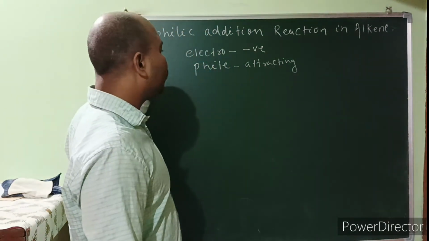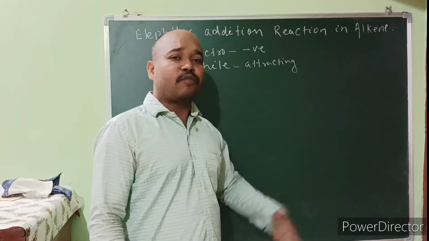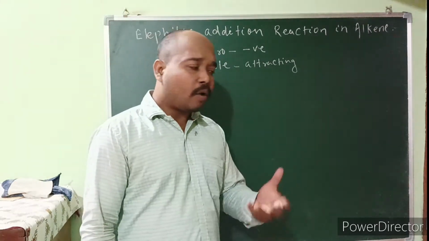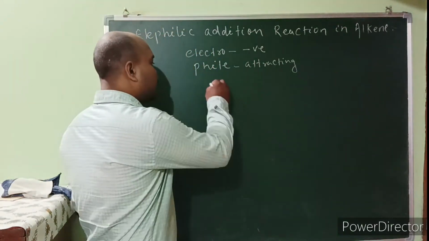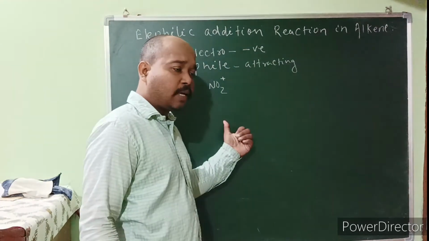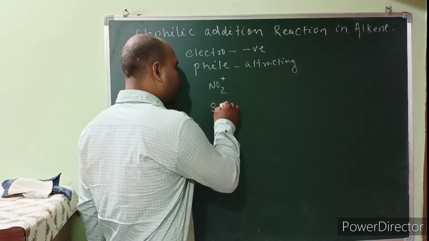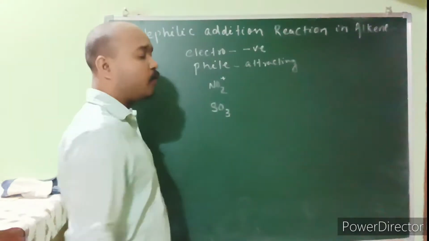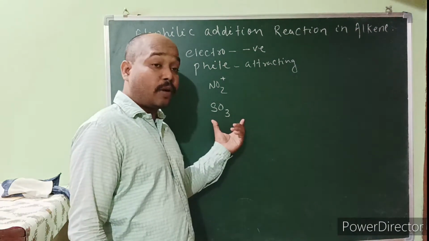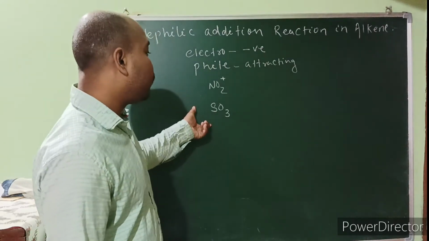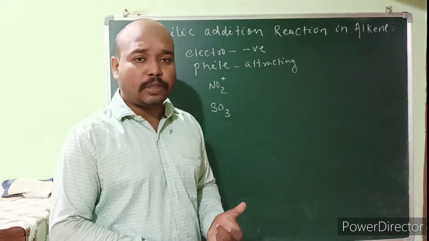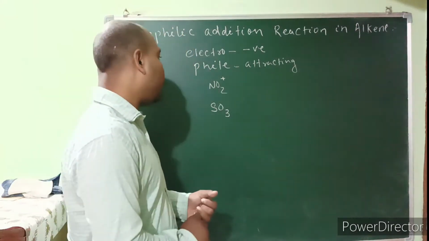Electrophiles are electron deficient because they may carry a positive charge or may be neutral. For example, NO2+ carries a positive charge, while SO3 is electron deficient and neutral, which is why it is an electrophile. So electrophiles may carry a positive charge or may be neutral.